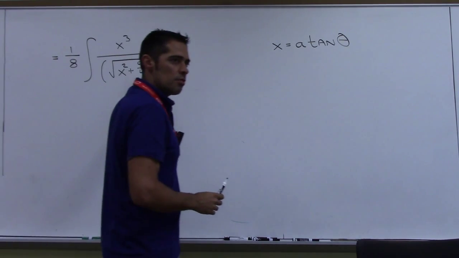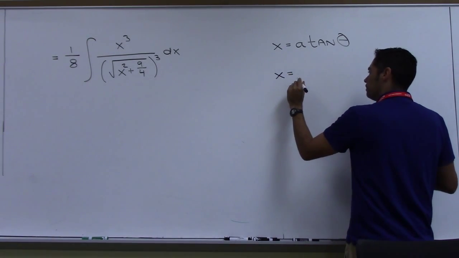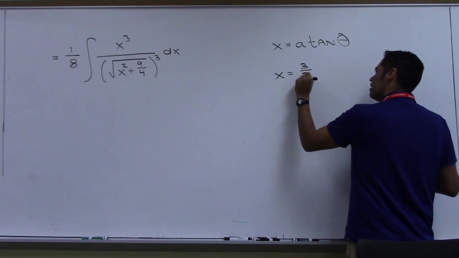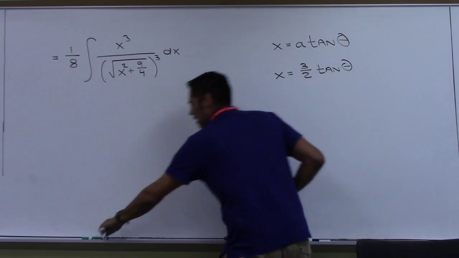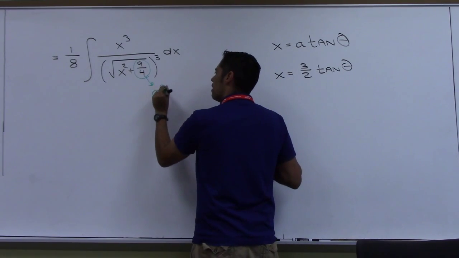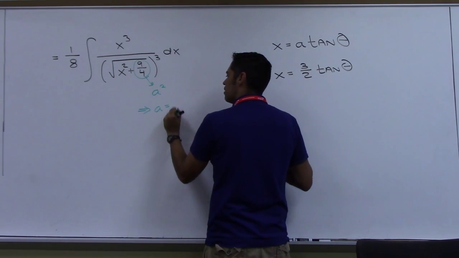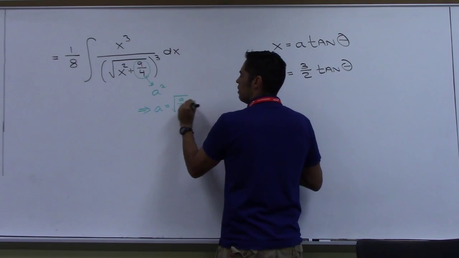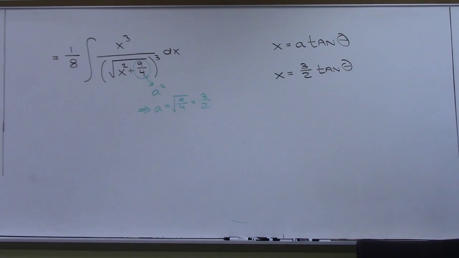It's the square root of that. So x is equal to 3/2 tan theta, using the fact that this was a squared, which implies that a is the square root of 9/4, which is 3/2. Do y'all see that?